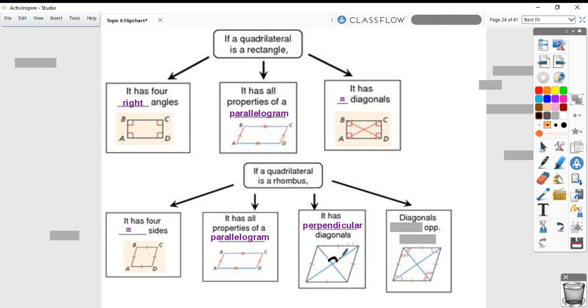Those diagonals, when you connect corner to corner, it makes a right angle in the middle. And the last thing is this: the diagonals also bisect the opposite angles. So again, we're talking about the diagonals. So we're connecting corner to corner on this rhombus. And what that does is it splits the angles in half as well. When you connect corner to corner, it splits the angles in half.